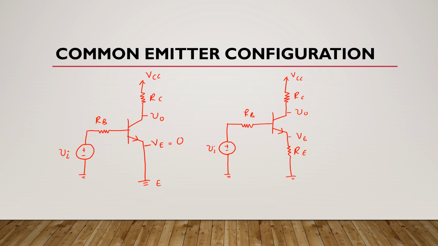It means if this RE is added in the branch of emitter, then this configuration would be common emitter configuration with degeneration. As you can see here, this emitter is not grounded directly. Okay, so this is common emitter configuration with degeneration.